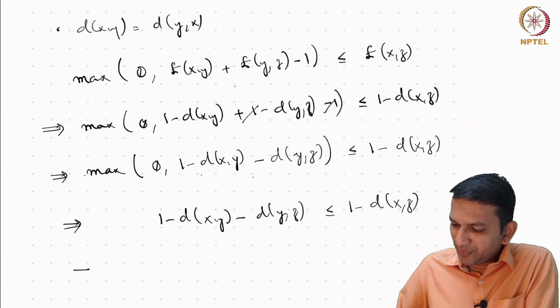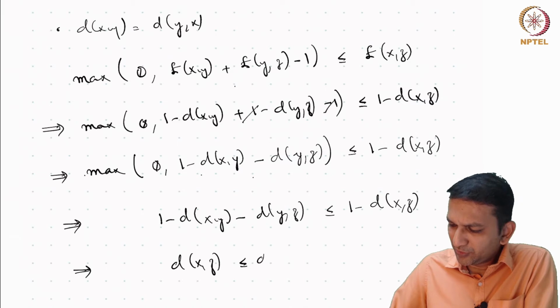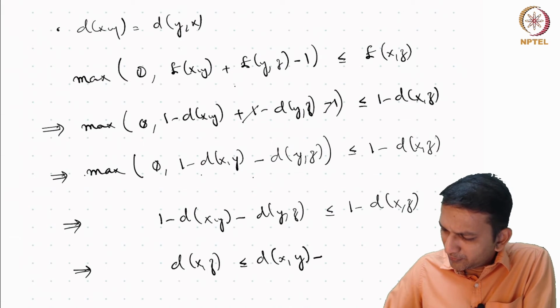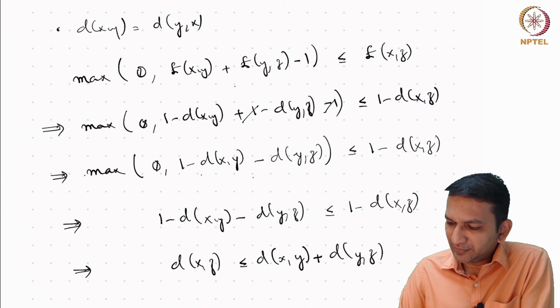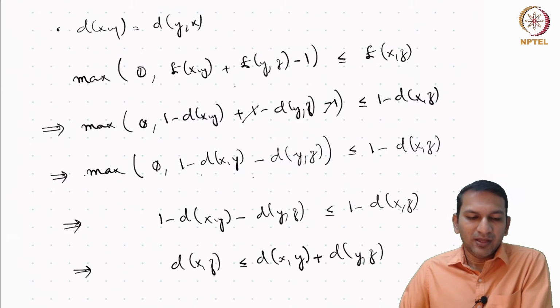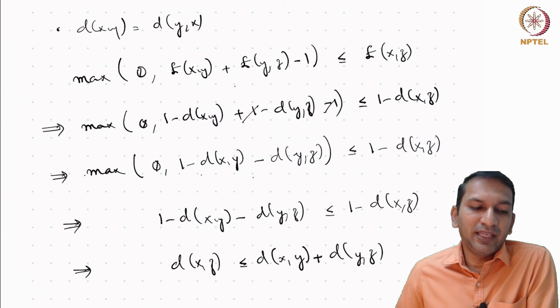Well, from here we see clearly that dxz is less than or equal to dxy plus dyz. This is essentially the triangle inequality of d.